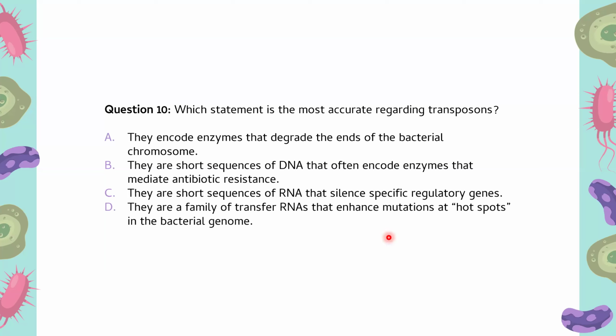Okay, D. D. Okay. You both chose D. Unfortunately, this is your first mistake, and it's the last question. It's B, actually. They are short sequences of DNA. Transposomes are DNA. Remember how I told you guys that the plasmid DNA can either get reintegrated back into the chromosome or a portion of the chromosomal DNA can become a plasmid?